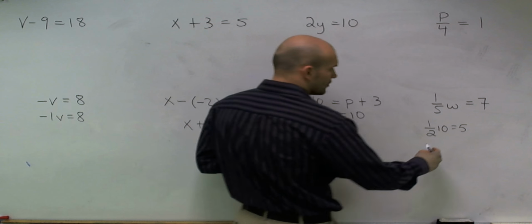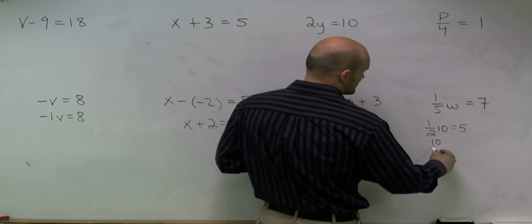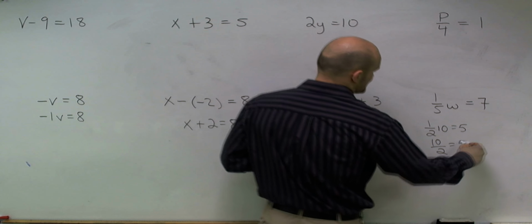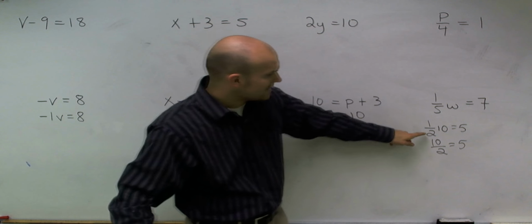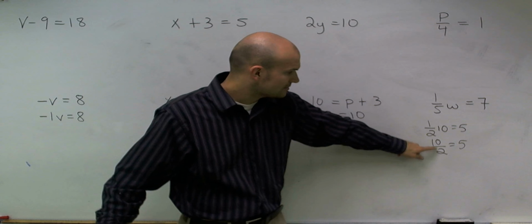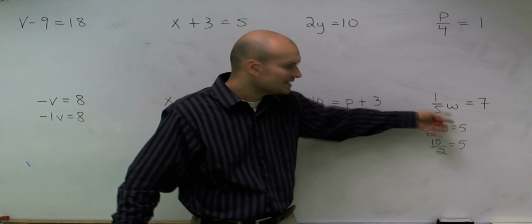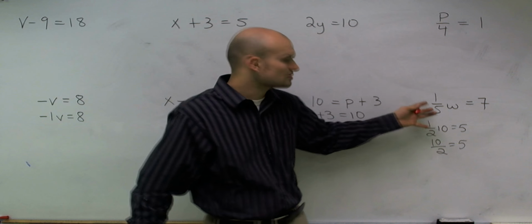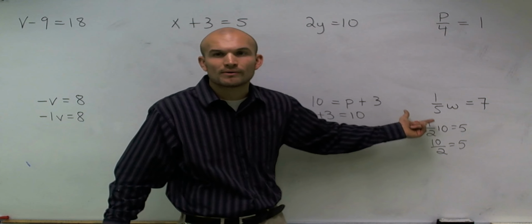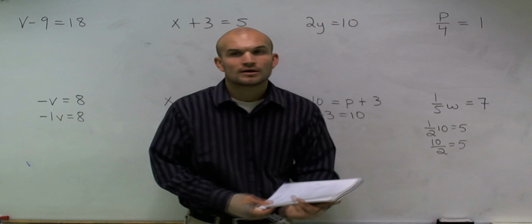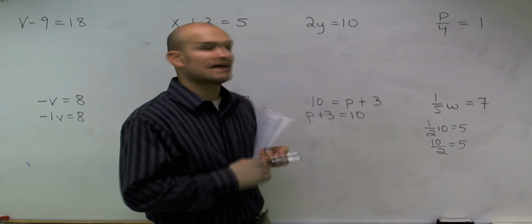Well, the same thing is what is 10 divided by 2? Well, we know the answer is also 5. So you can either write it as a denominator, dividing your number, or you can also just take it out and put it as a fraction, multiply your number. Either way, it's still doing the same operation. So just look at this and say, well, what operation do I want to do to undo either multiplication of 1/5 or dividing by 5?